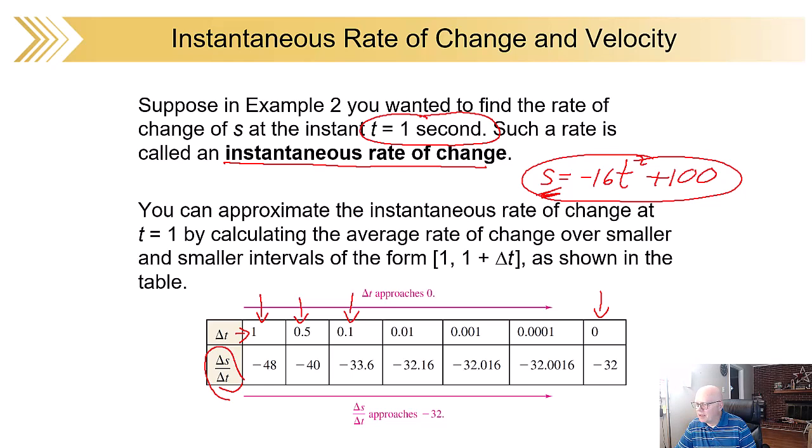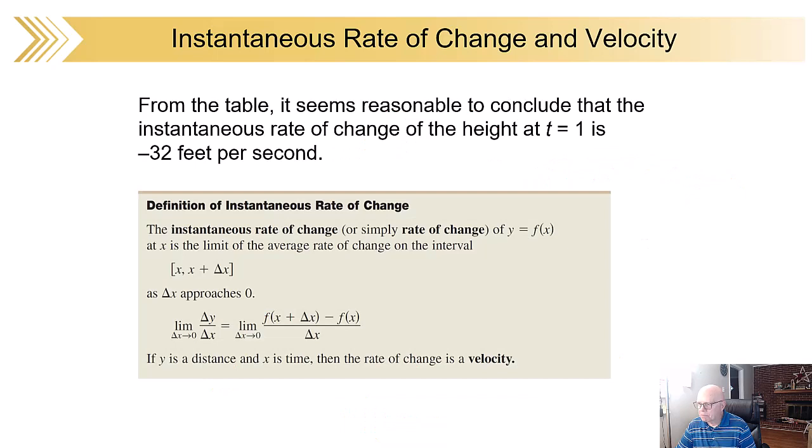Notice that as we drop this delta t smaller and smaller, this delta S over delta t, as we get the interval smaller and smaller, we get closer to that value of negative 32 for the speed. So here's the instantaneous rate of change.